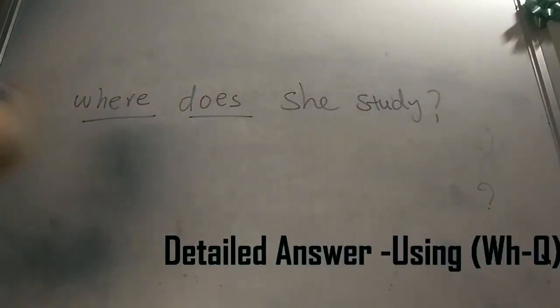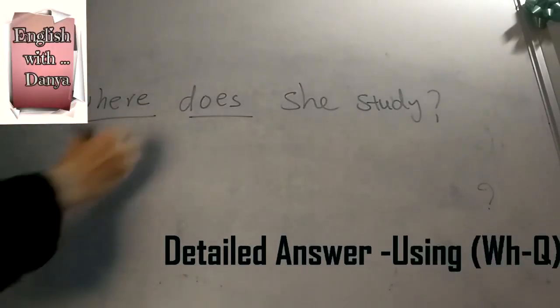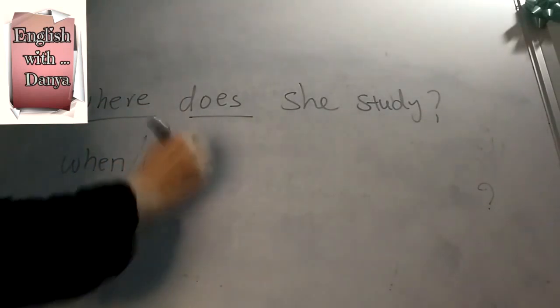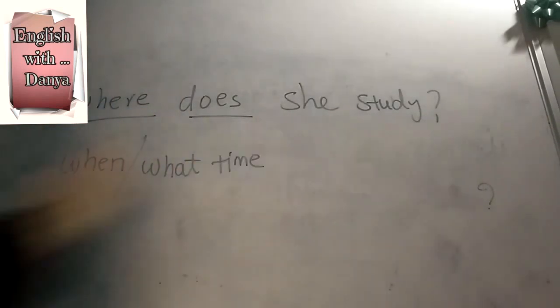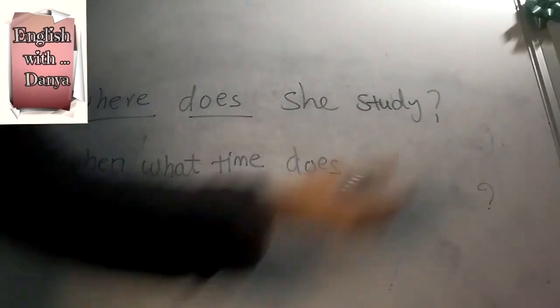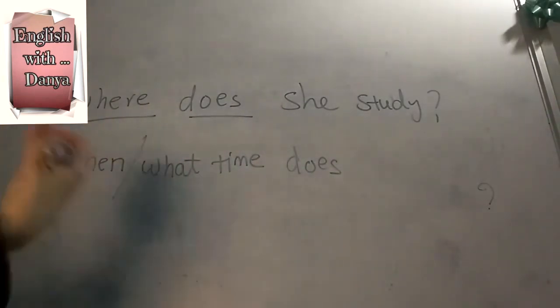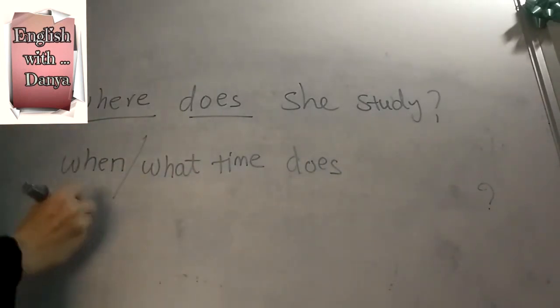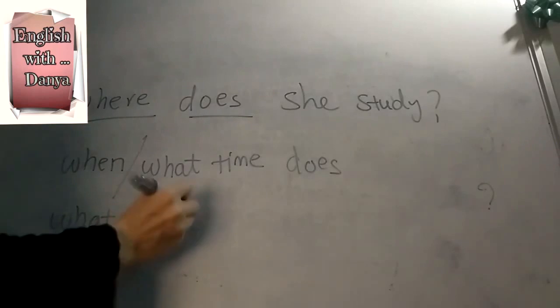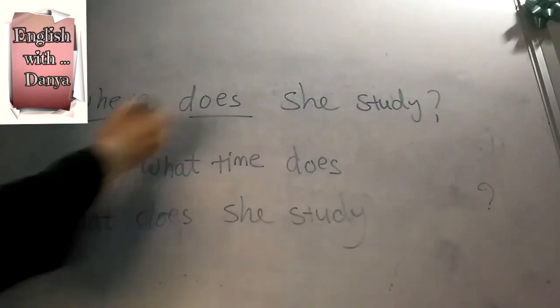If you want to know more details about the time, we will say when or what time does she study? If you want to know more details about the things that she's studying, you will say what does she study? And so on.